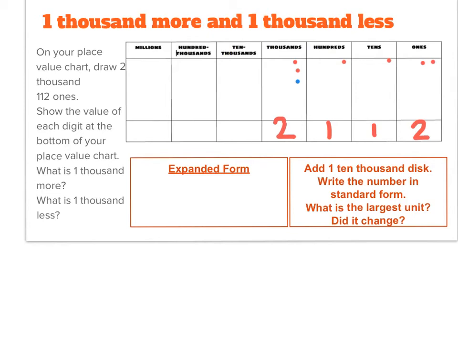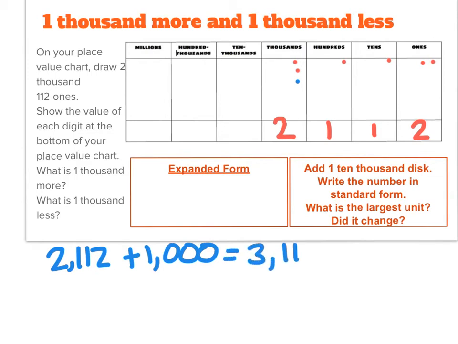I started with the number 2,112 and I added 1,000 more. I just had to add one dot to my place value chart and I see that increased to 3,112. The only place value that changed was my thousands place. I added 1,000 more. I didn't change any other place values.